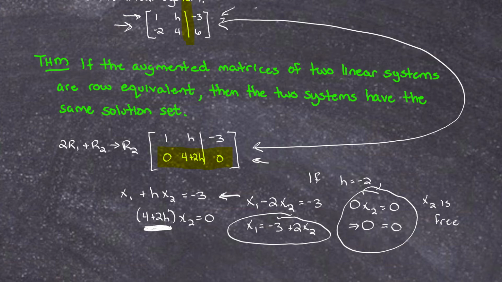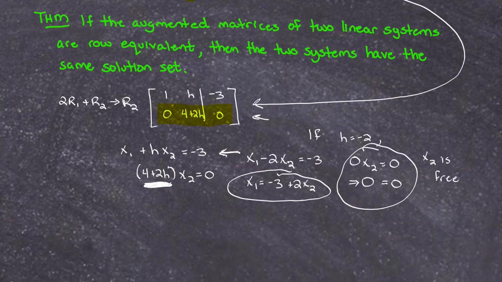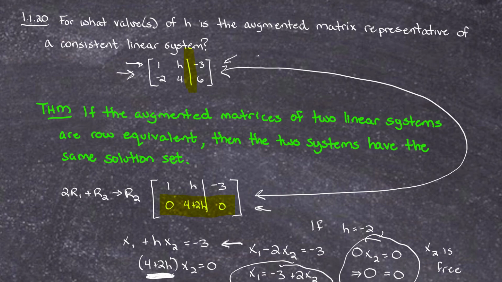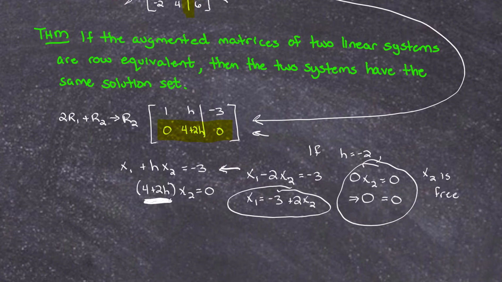And in fact, this is a good point to note the result, because remember it said, for what value or values of h is the augmented matrix representative of a consistent linear system. We'd say the system is consistent for all h in the real number system. And honestly, it's actually for all scalars h, so it doesn't have to just be in the real number system. It could be in the complex number system.